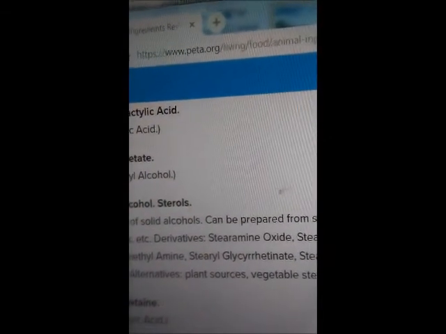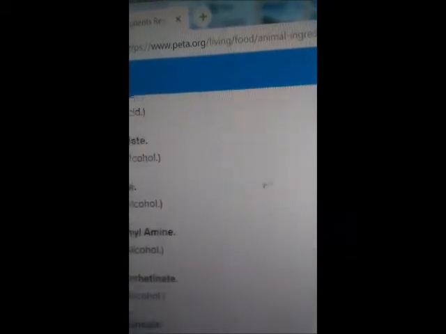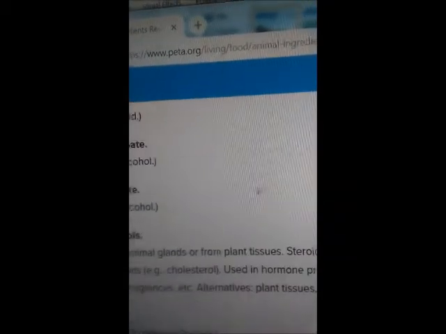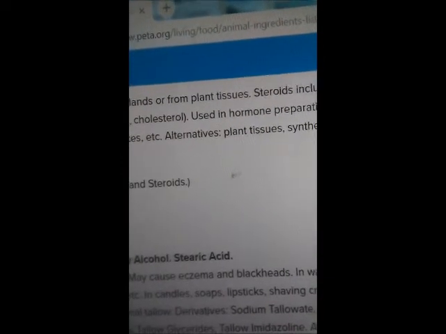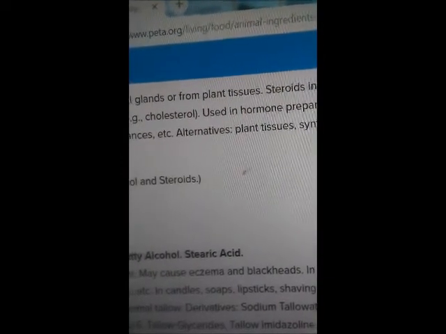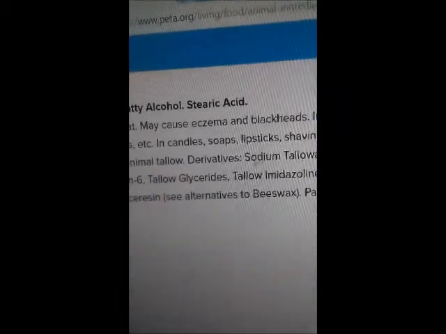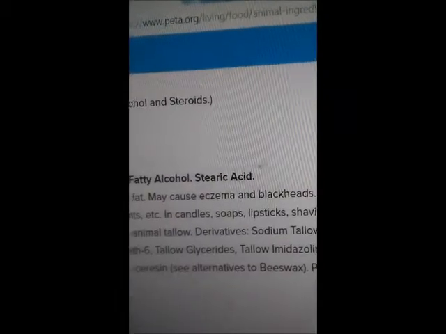Alternatives would be plant sources, vegetable stearic acid. So let's get all of those, which goes along with that. You got a lot here. You got to know what all these are.